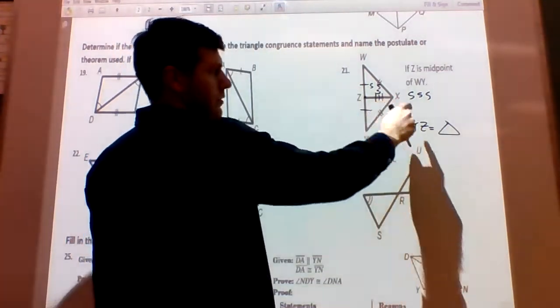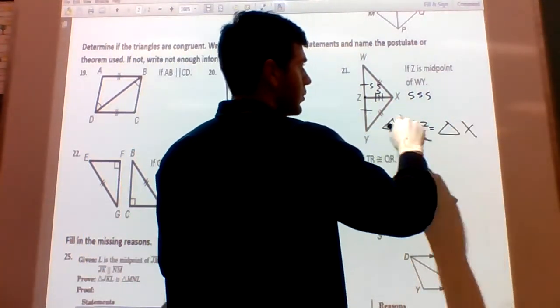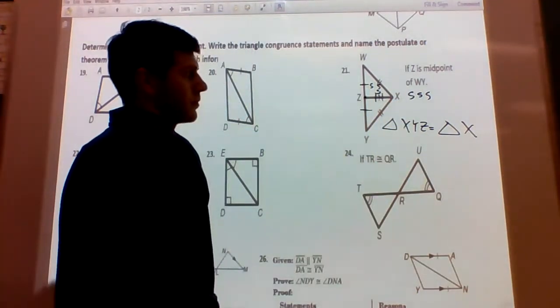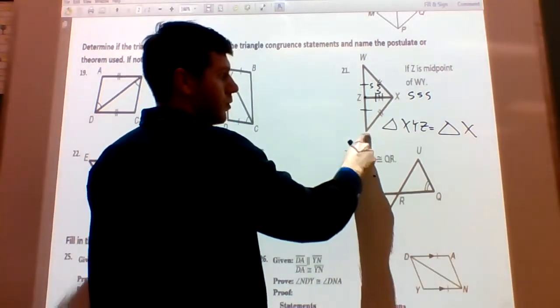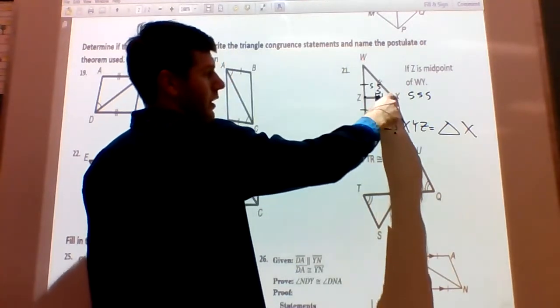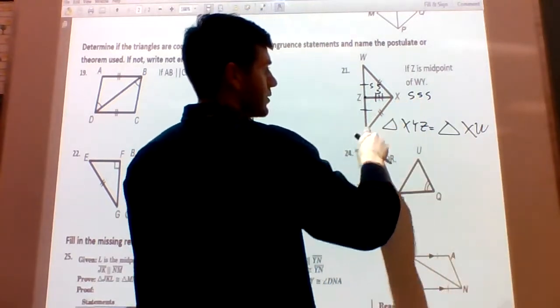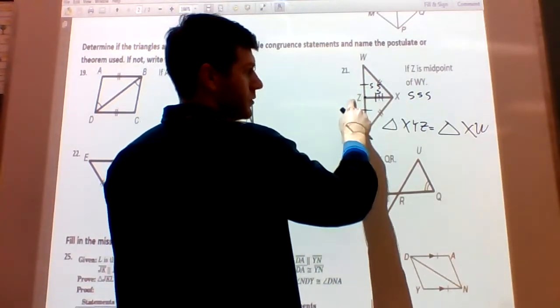What corresponds with X? It's going to be X. So what's between the 2 and the 3? It's going to be X again. So we go X, Y. I mean X, Y. So we got to go X, W. So X, Y, Z, X, W, Z.